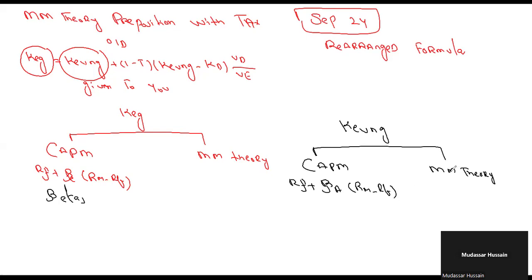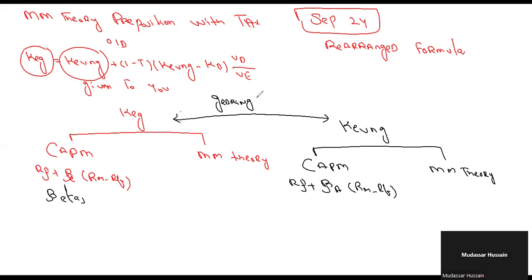And again, in the theory, we will rearrange the figures and we can find the ungeared cost of equity. The difference between the geared and the ungeared cost of equity is only the gearing. If the company is geared, then we compute the geared cost of equity, and if the company is ungeared, we find the ungeared cost of equity.